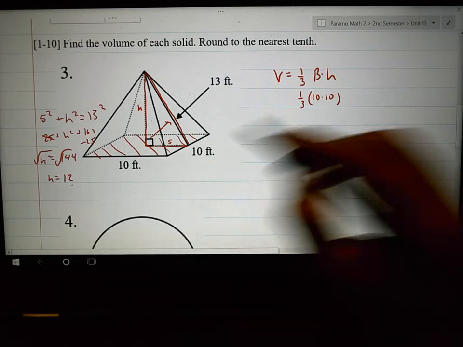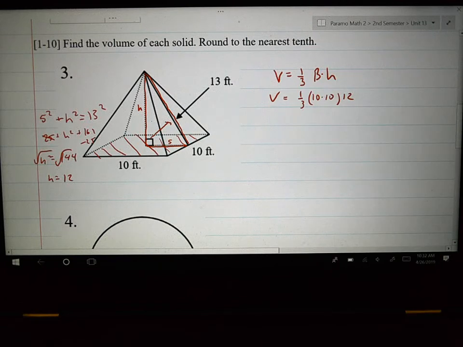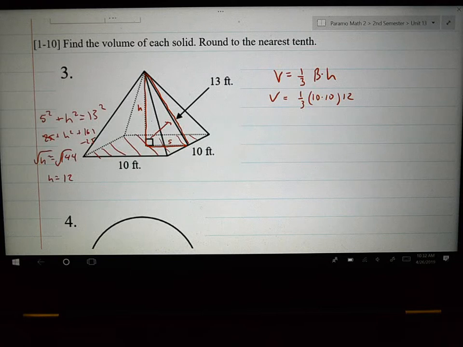Which means now we can actually plug that in and figure out what the volume is. Feel free to plug this whole thing into your calculator. If you don't have a calculator, you can do it by hand.